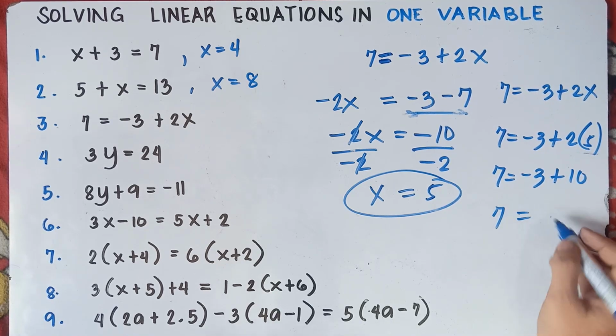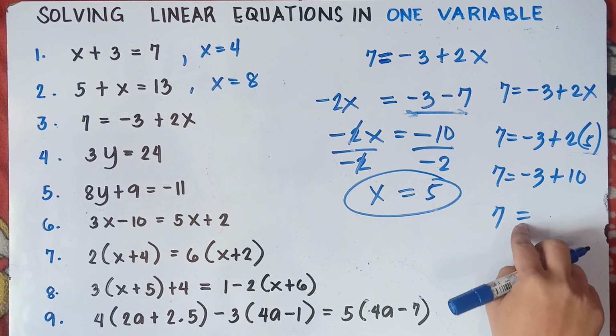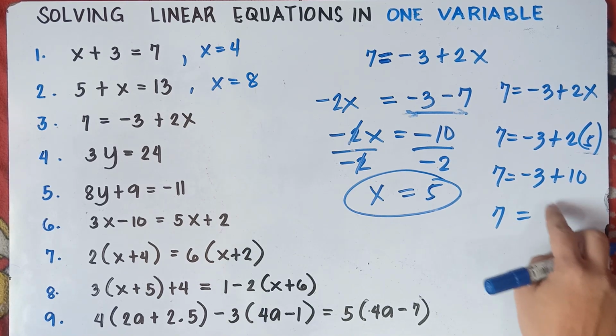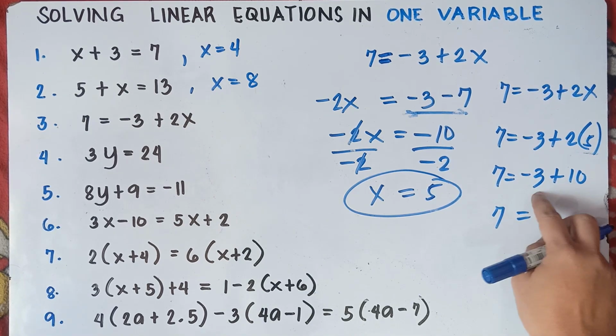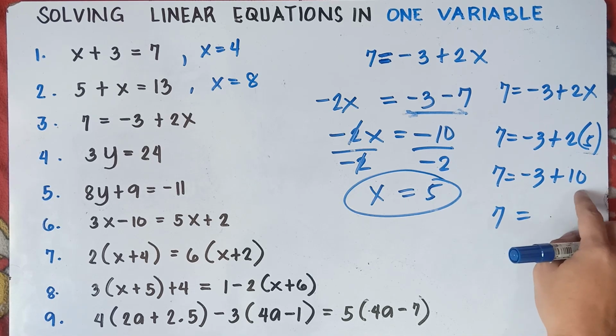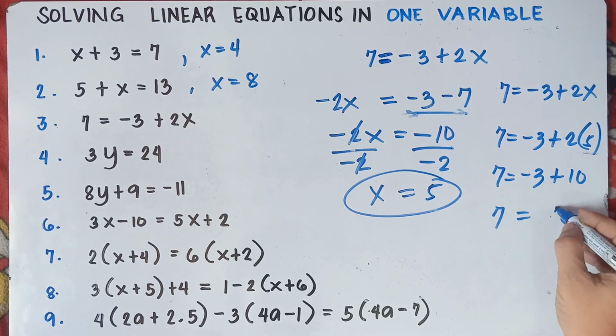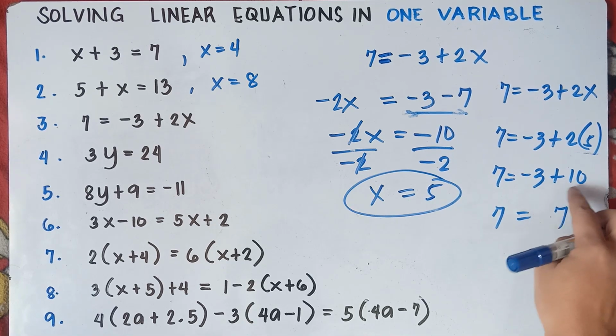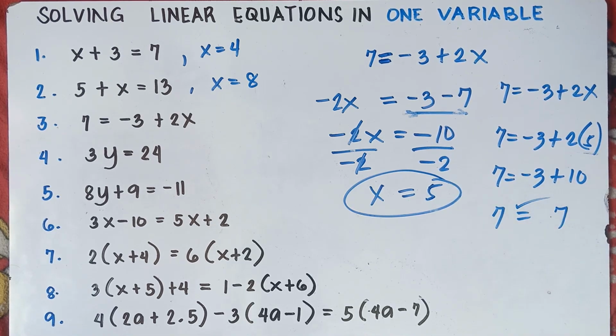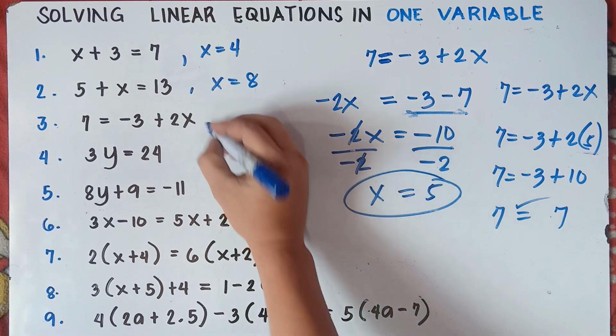So let's check if the left side is equal to the right side. Negative 3 plus 10, if the signs are not the same, simply subtract, then copy the sign of the larger number. So 10 minus 3 is 7. 10 is greater than 3, so we have positive 7. Therefore, our answer is correct. X is equals to 5.